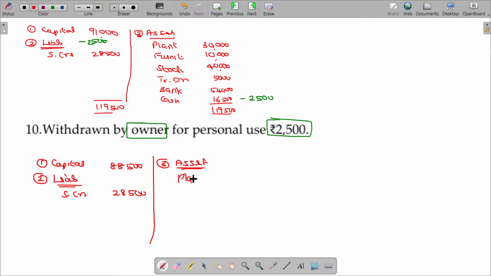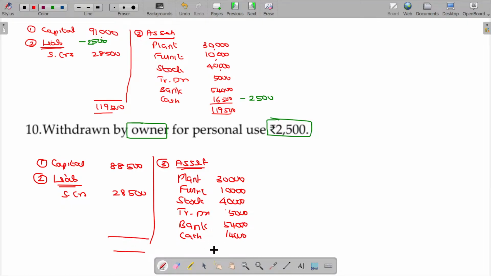So plant 30,000. Furniture 10,000, stock 40,000, trade debtors 5,000, bank 54,000, but cash is now decreased by 2,500. Then now value being 14,000.